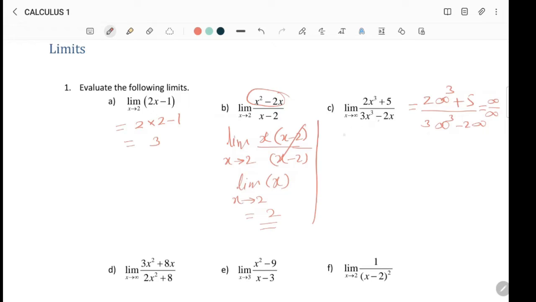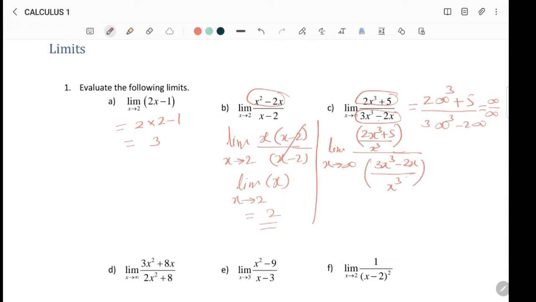First, by simplification. What we can do is divide the numerator as well as the denominator by the highest power of x. This is 2x cubed plus 5, and we have to divide by x cubed because the highest power of x is 3. Here as well, this is 3x cubed minus 2x, and we divide by x cubed.